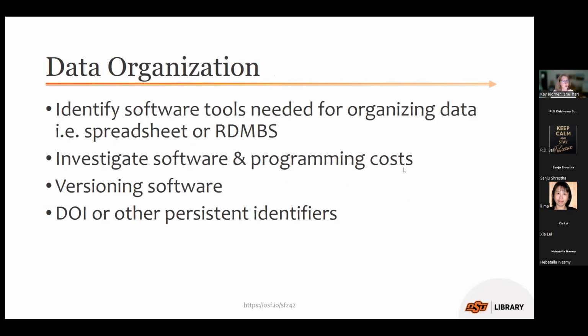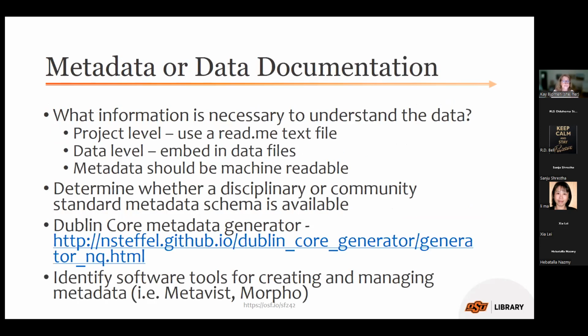How are you going to organize it? Okay, do you have software tools, spreadsheets, databases, or that kind of thing? What kind of software and programming costs you might need to account for? Versioning and persistent identifiers are really important. All right, metadata or data documentation.